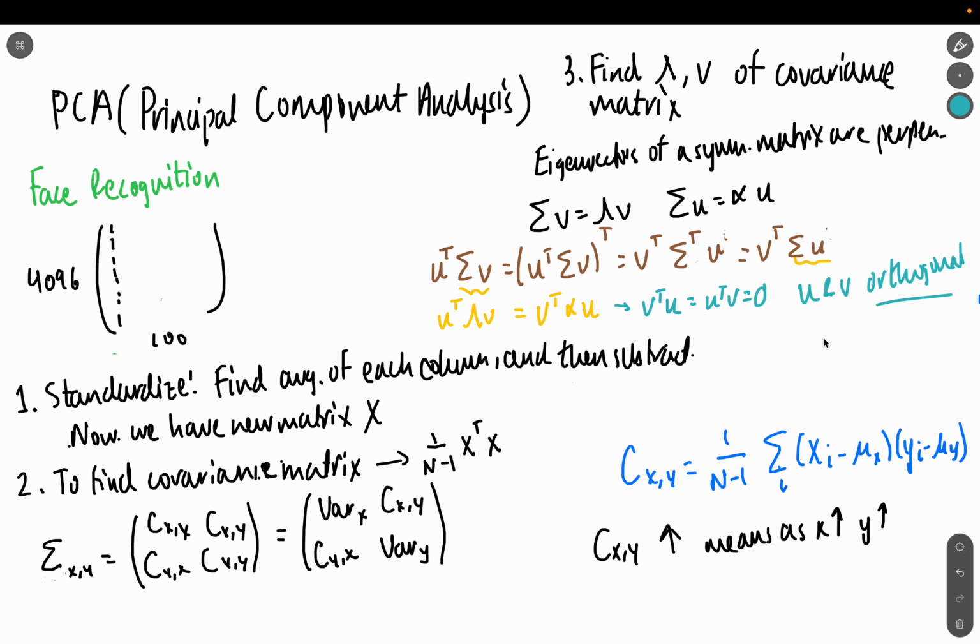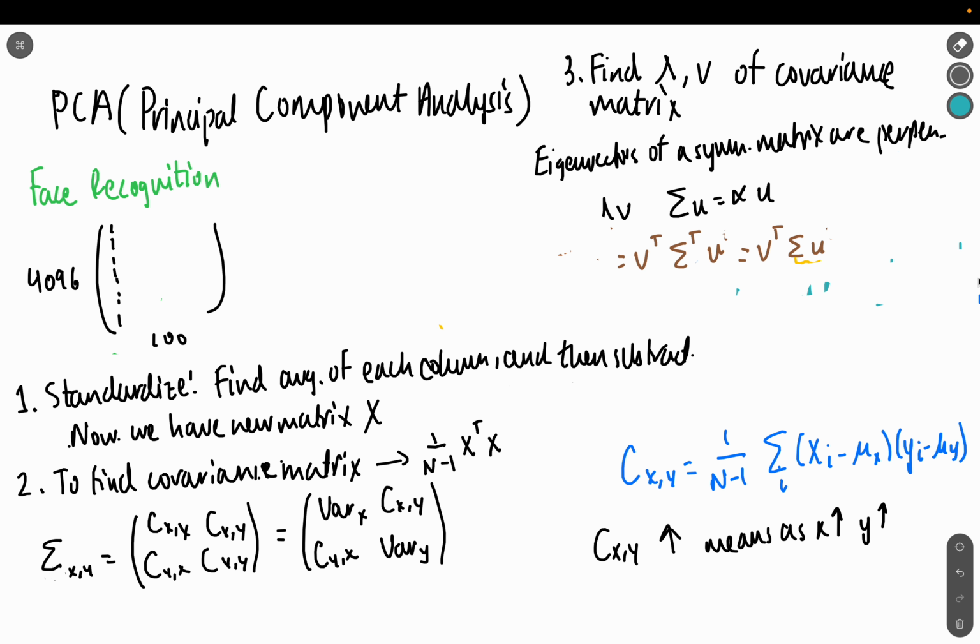Okay, nice. So let's go back here. We find the eigenvectors and eigenvalues of the covariance matrix. Once we have these eigenvalues and eigenvectors, we put them into our own matrix. So actually what we do is let's write it like this.